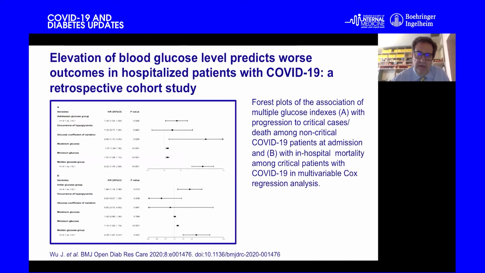For example, it was evident that not only fasting glycemia at the admission, but also the glucose variability, meaning the swings of glycemia during the stay in the hospital in people with or without diabetes, was worsening the prognosis in this population. So not only the presence of high hyperglycemia, but also the possibility of a huge glucose variability was having a role in worsening the prognosis.